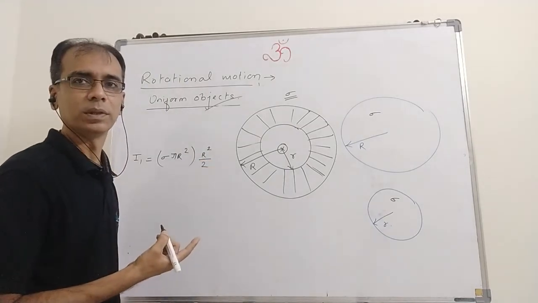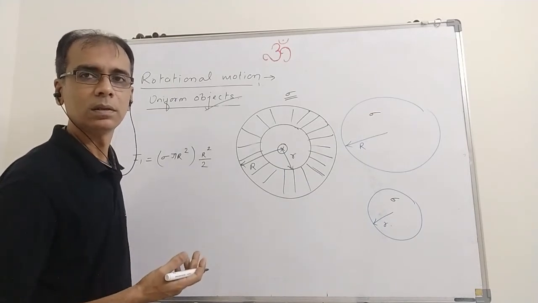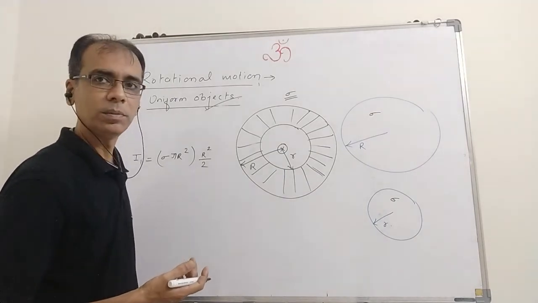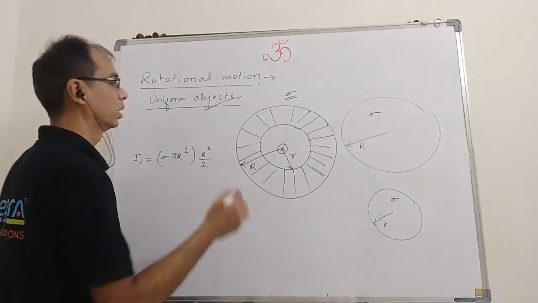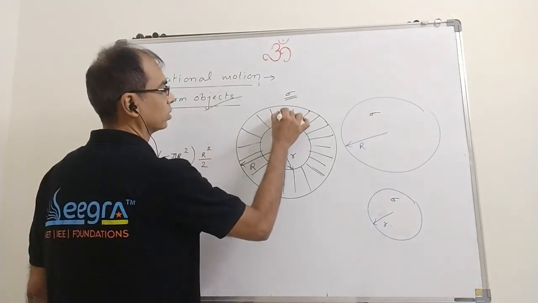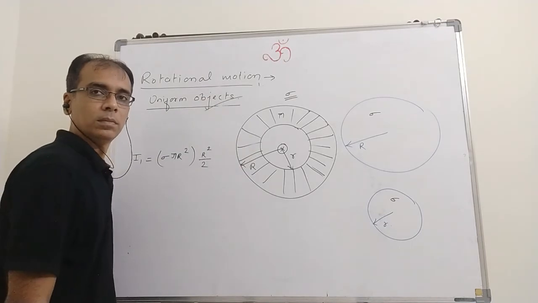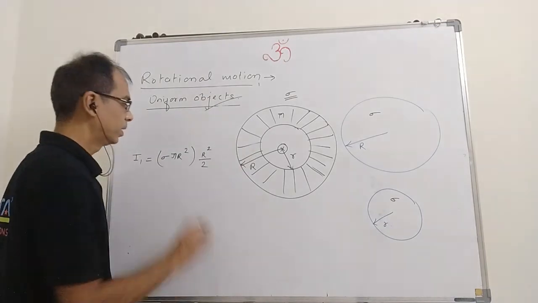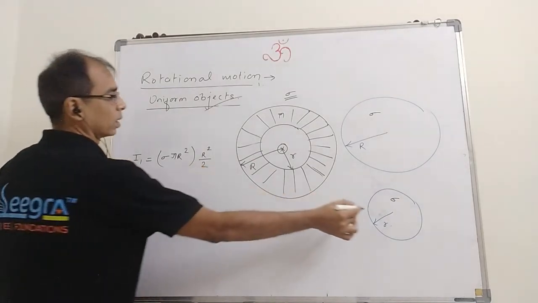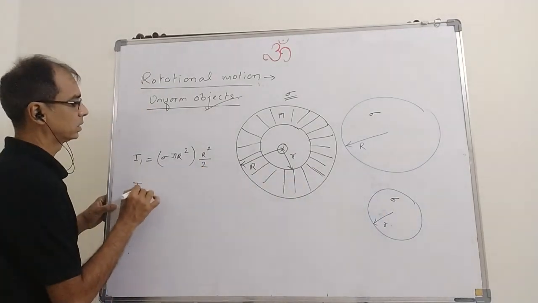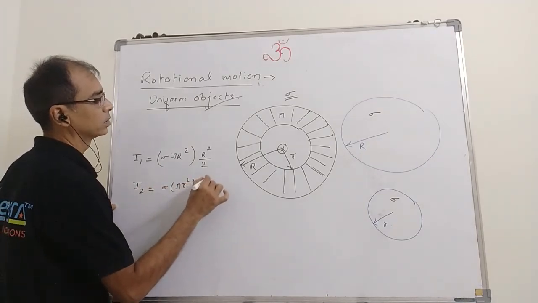Mass also can be given in the problem, but we are not taking it now. If mass is given, take the mass of this remaining portion only. But first you see what it is, then I will tell you how to put that. I2 for the removed part is sigma pi r square into r square.